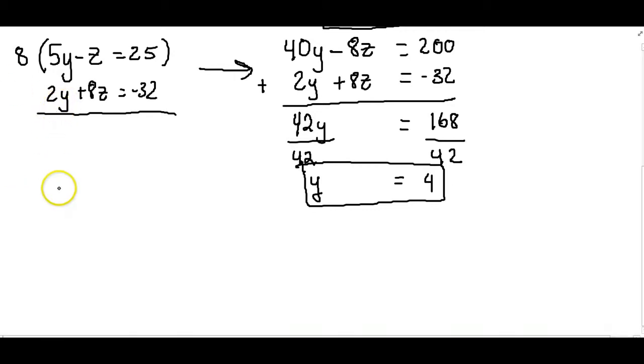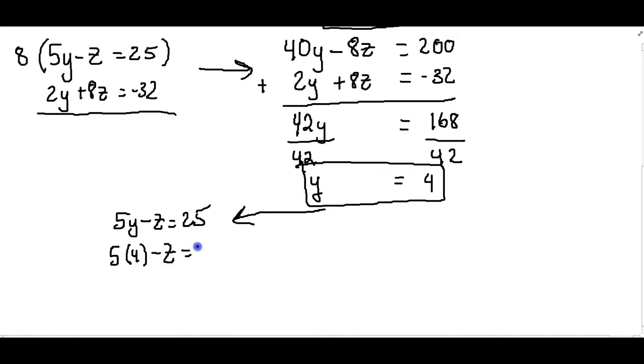So let's do the 5y minus z equals 25. We're going to substitute that y in. So we get 5 times 4 minus z equals 25. So 5 times 4 is 20 minus z equals 25.